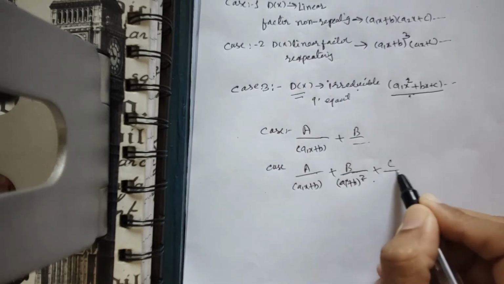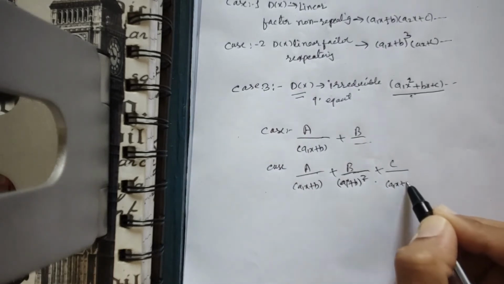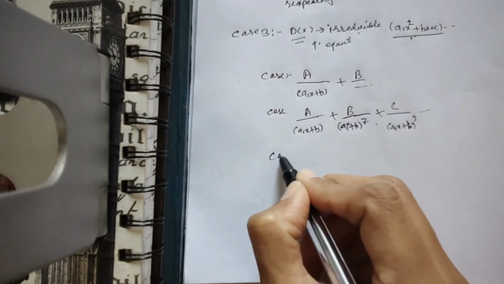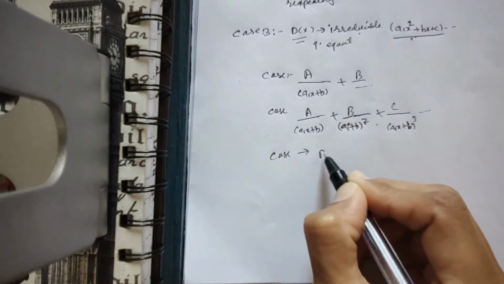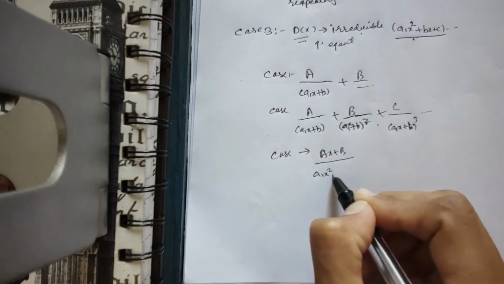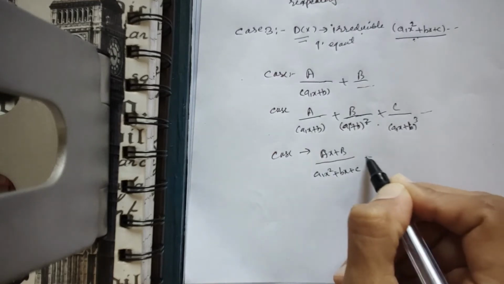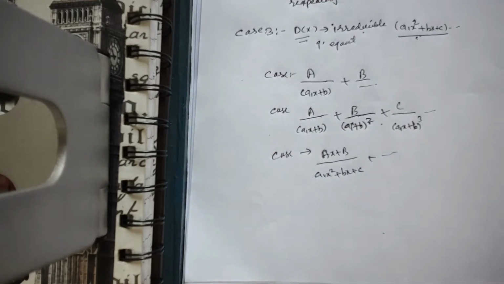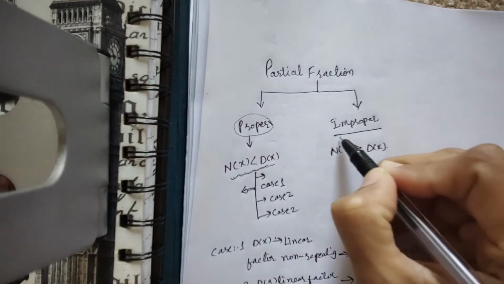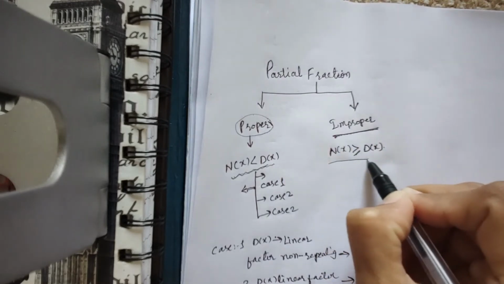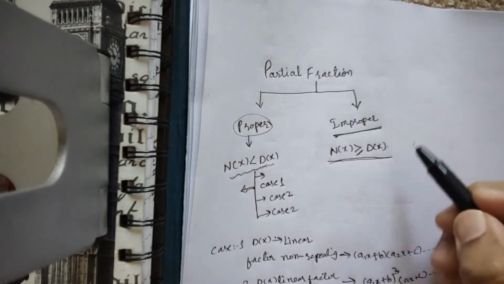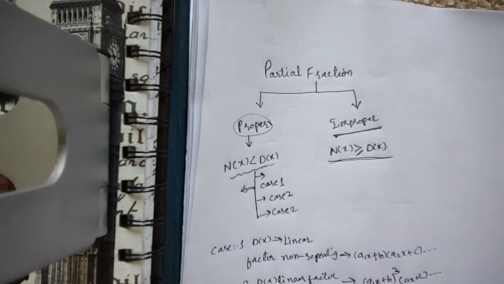If we have cube here, then we will find a third constant, c upon the cube, and so on. And for case 3, we need to find constants like this: ax plus b upon a1x square plus bx plus c. But for improper fraction, if this condition is satisfied, what should we do? We are going to discuss this case in this lecture.